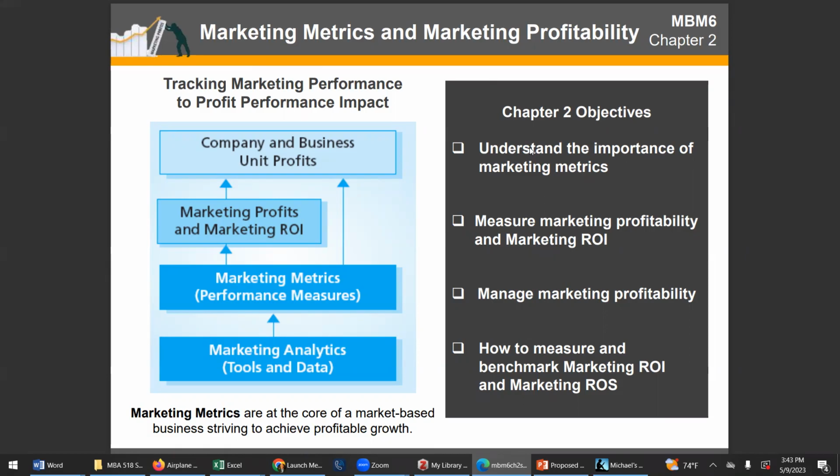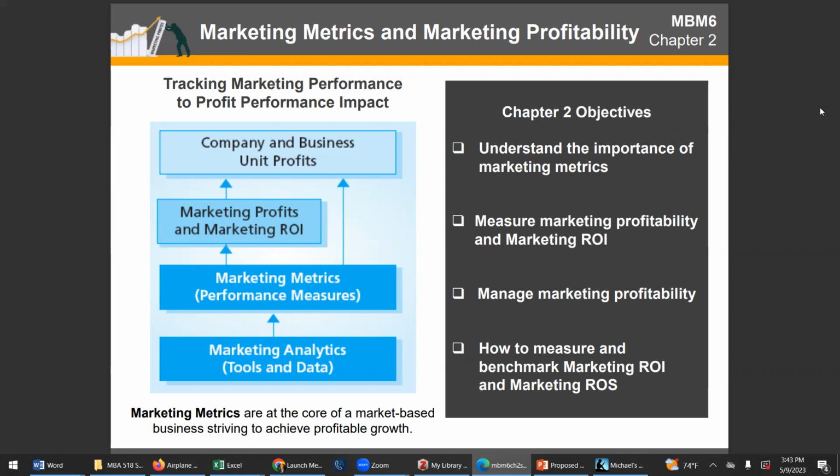Really, the point of this lecture and this chapter is appreciating the integration between what you would typically think about from an accounting profit and loss statement perspective and the metrics associated with those, and the marketing metrics that we are studying and learning about in this course.